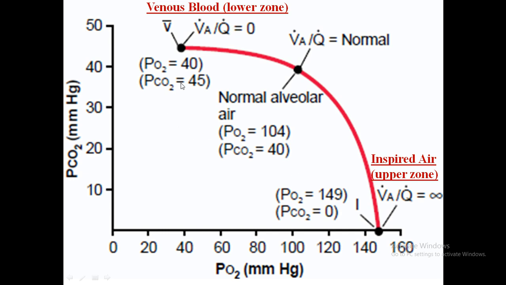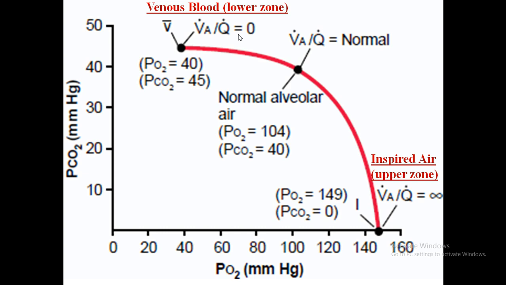The background for that is, if the alveolar oxygen and carbon dioxide partial pressure equals 0, that is the ventilation perfusion ratio shown here on the upper side, that if the ventilation perfusion ratio is 0, what happens?